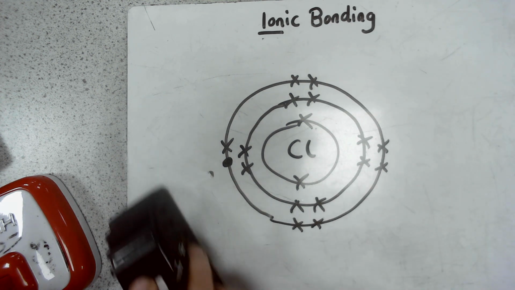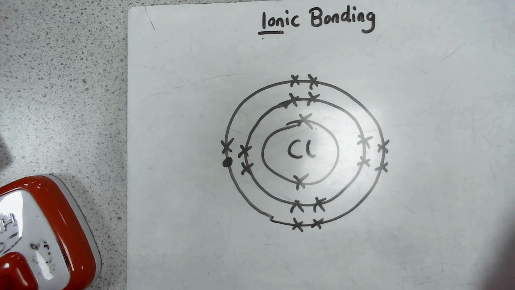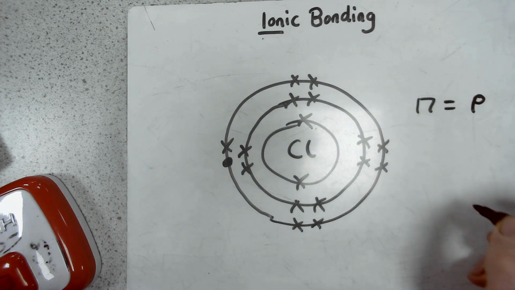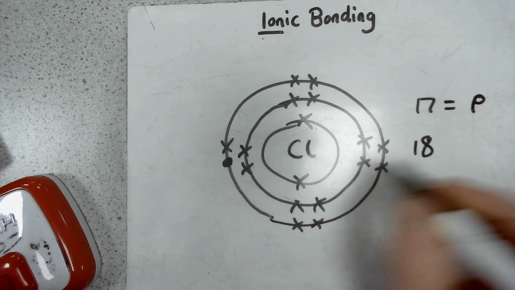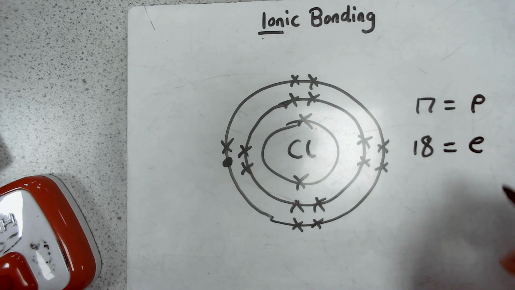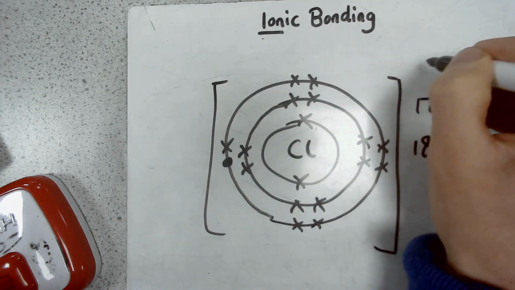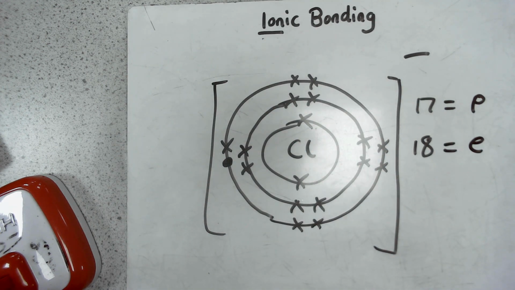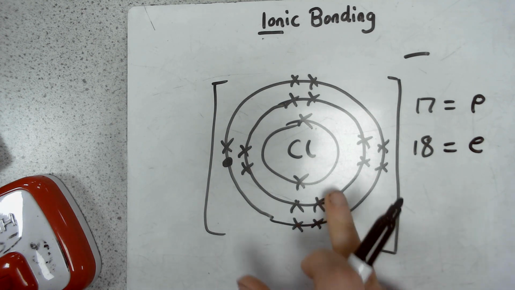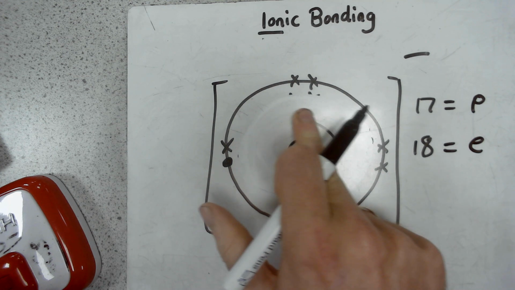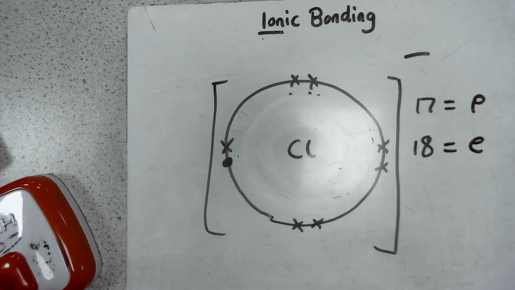Now, if we've gained a negatively charged electron, chlorine's got 17 protons, but if it gains that, it's now got 18 electrons, which is going to make it overall negatively charged, like that. Okay, now again, we only need to draw the outer shell, so we can get rid of this one, and we can get rid of that one, like that. And there is my chlorine ion, my negative chlorine ion.